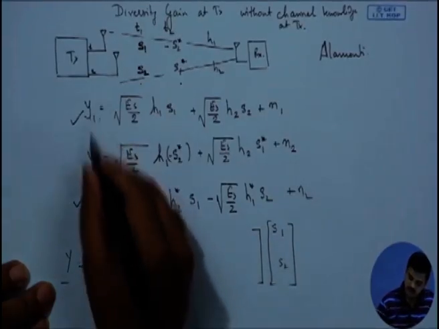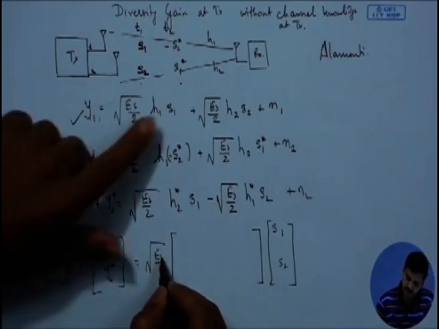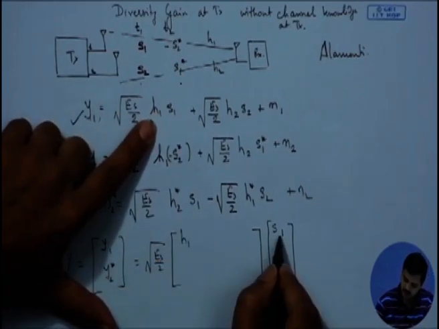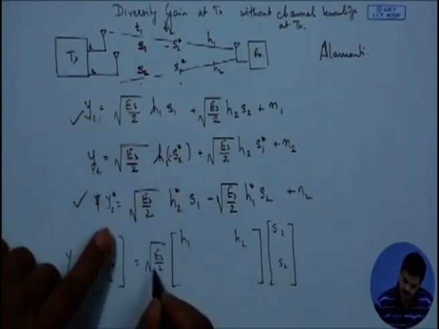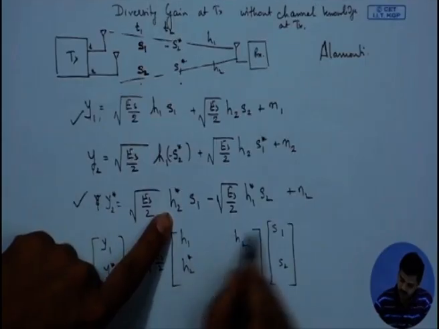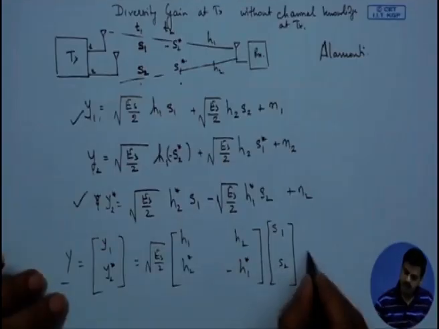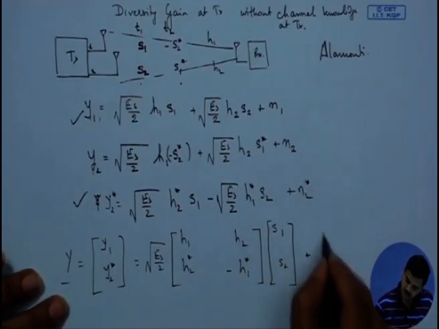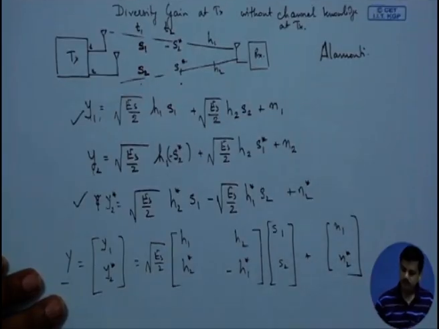I could effectively write the expression in this way: root over Es times h1 s1 plus h2 s2, and then y2 conjugate is equal to h2 conjugate times s1 minus h1 conjugate times s2, plus n1, n2 conjugate.